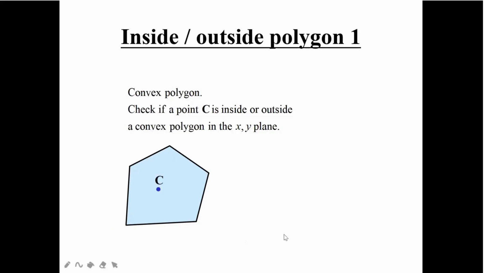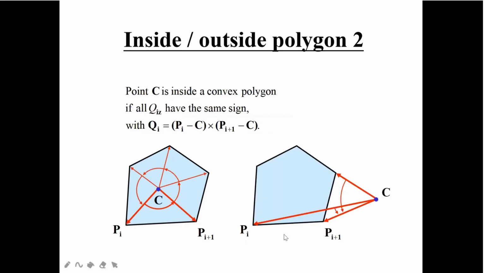Here you can see the point C is inside. Now I have to take the 2 points' names. Let's take the first point name as pi, then the next vertex point name will be incremented, so it will be pi plus 1. Then you have to find out whether from your point C, it is connecting to all the vertex points or not.